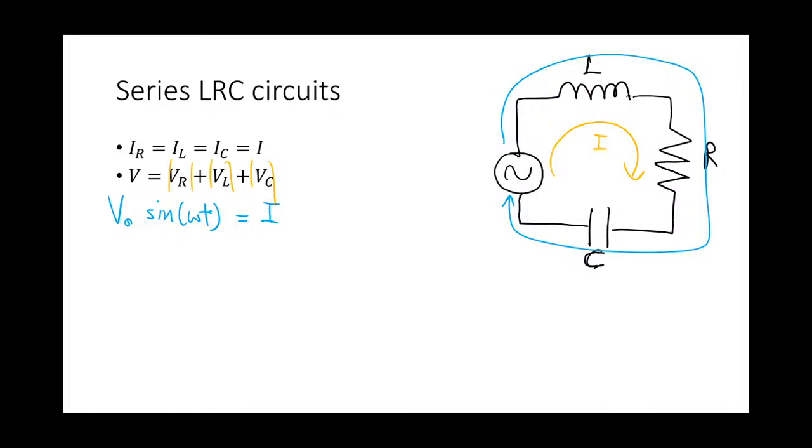I, in all cases this I is a function of time which we'll have to solve for, but it's I times R for the resistor plus I times XL plus I times XC. Oh, actually, I'm going to not do that and write something a little more intelligent.